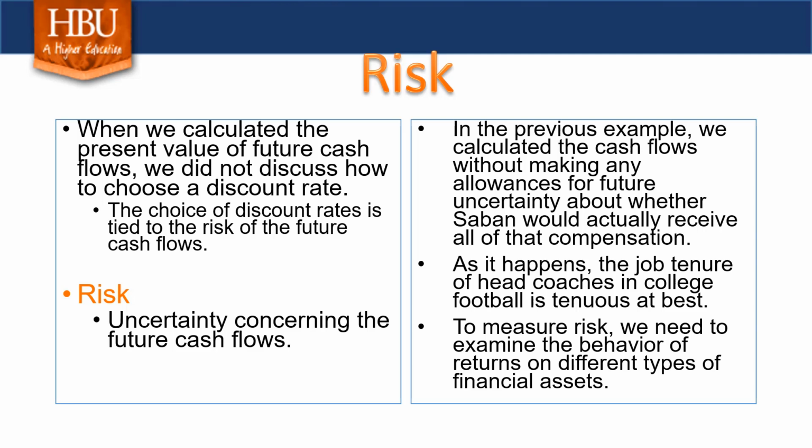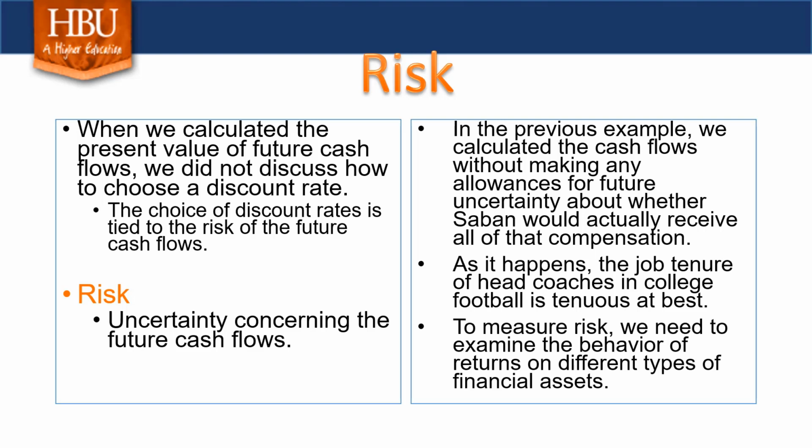When we calculated the present value of future cash flow, we didn't discuss how to choose this discount rate. The choice of discount rate is tied to the risk of the future cash flows, and risk is equal to uncertainty. Higher risk means higher uncertainty. Lower risk means lower uncertainty.